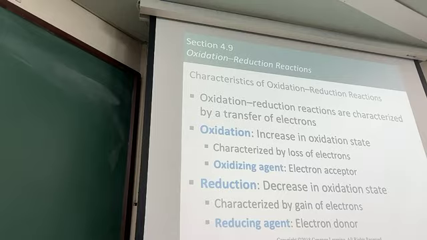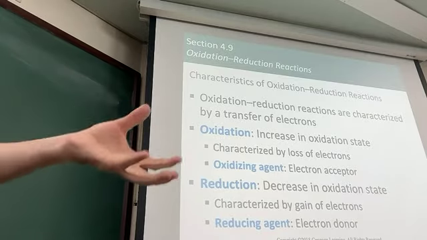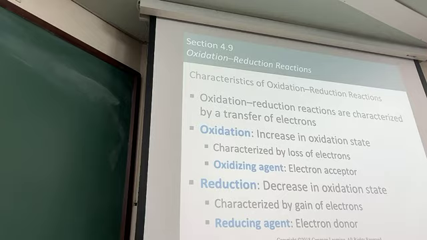Oxygen gas. So oxygen gas is an oxidizing agent because it has a tendency to get electrons and become O2 minus, right? Which means that it has a tendency to pull away electrons from the partner, meaning oxidize the partner, right?